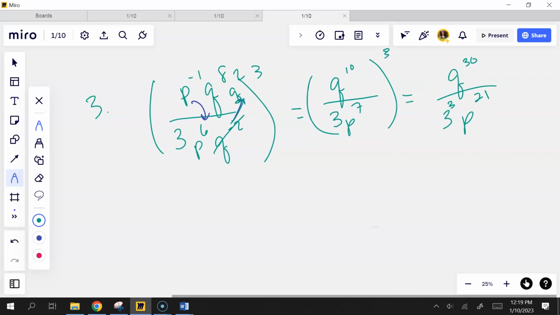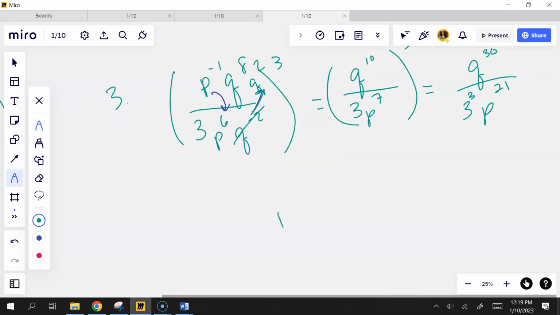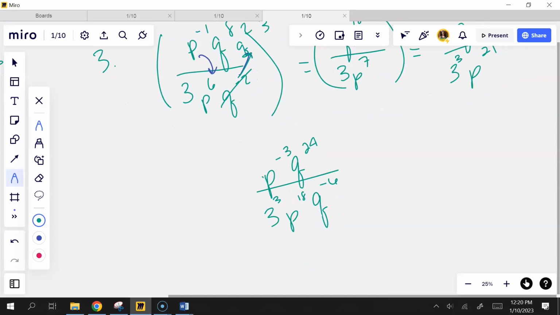Okay, so what'd you do, distribute first? Okay, so you have P -3, Q24 over 3 P 18 Q -6, right? And then we'll start moving everything around. So I'll have Q20.